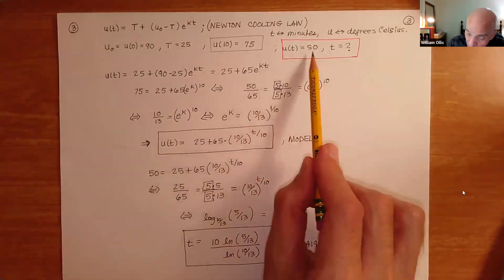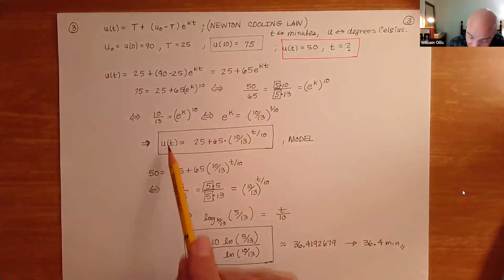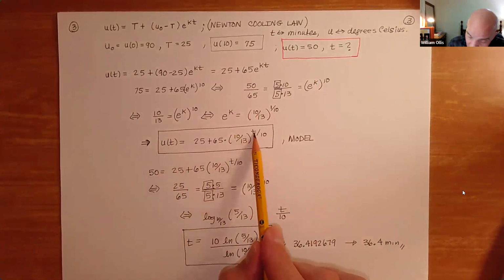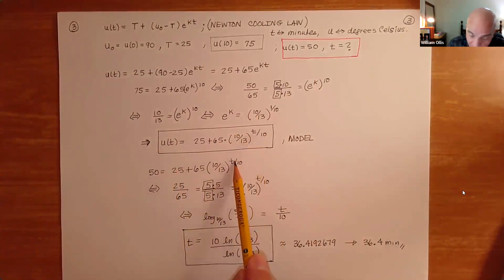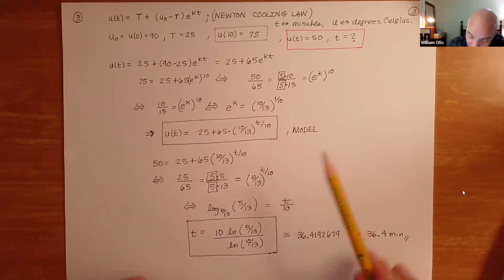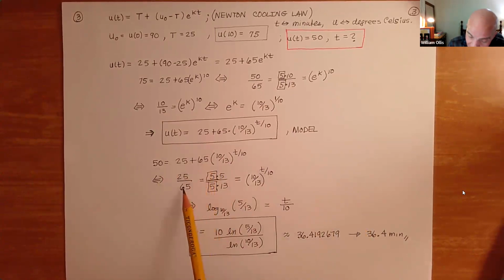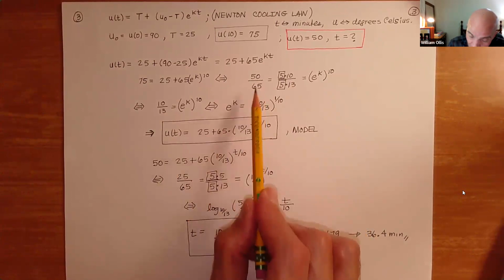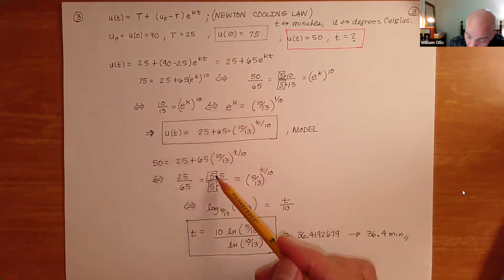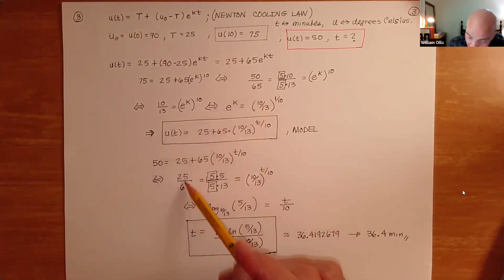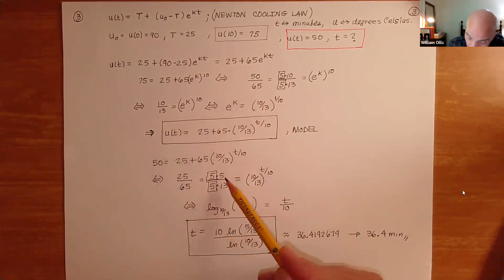That is, we actually know the temperature 50, we know this quantity, but we don't know the t. So we want to solve for the t here. So in this particular case, we get some similar numbers. Notice 25 from 50 gives us 25. And again, we're dividing by 65 as we did up here. But notice the 5s absorb when we factor the 5s from the 25 and 65, and we're left with 5 over 13.